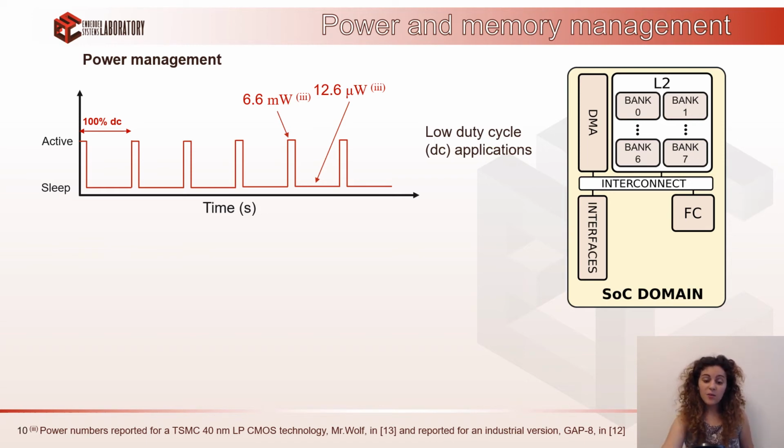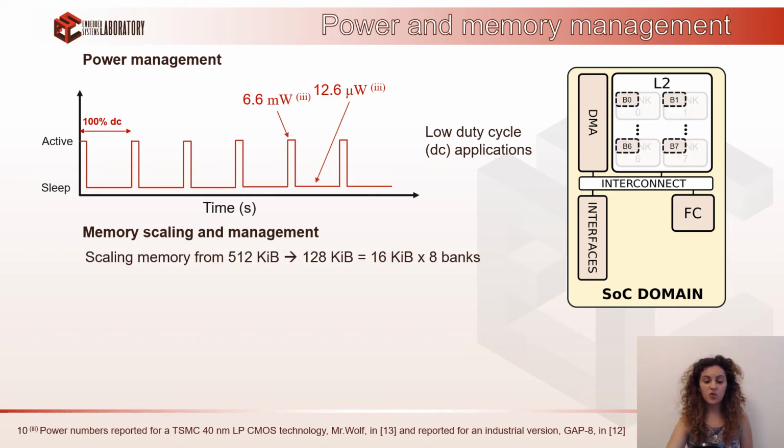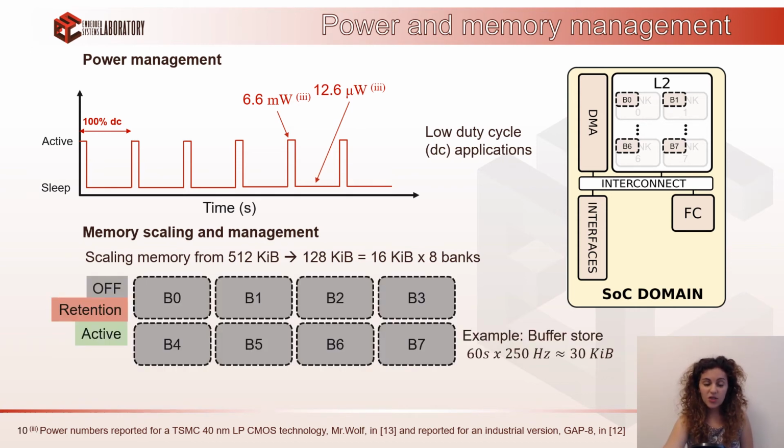Then another important optimization is memory scaling and management. We first scale down the memory banks to 16 kilobytes each, since it's the resolution that we need for our applications. Then we propose a strategy of changing the state of the memory during acquisition.